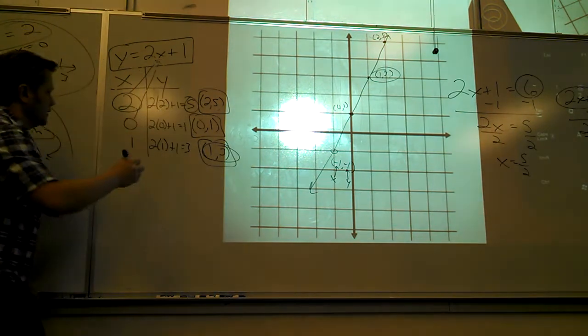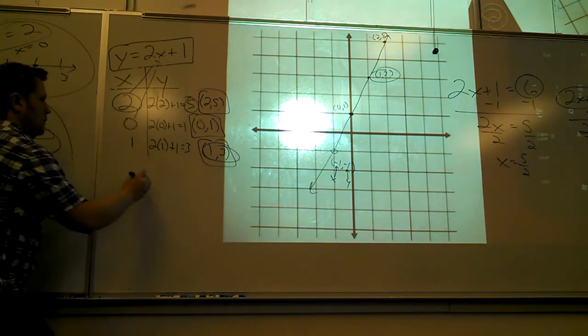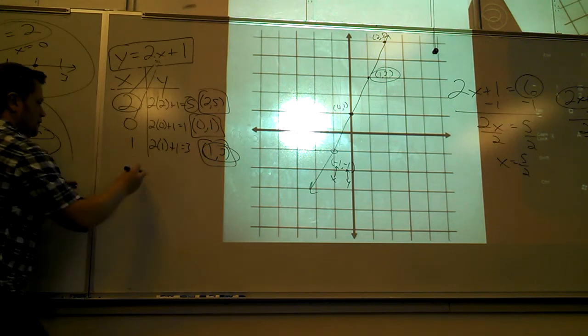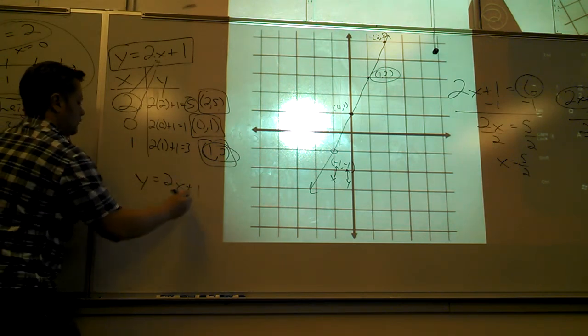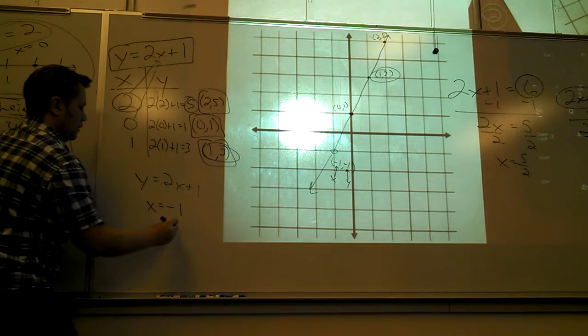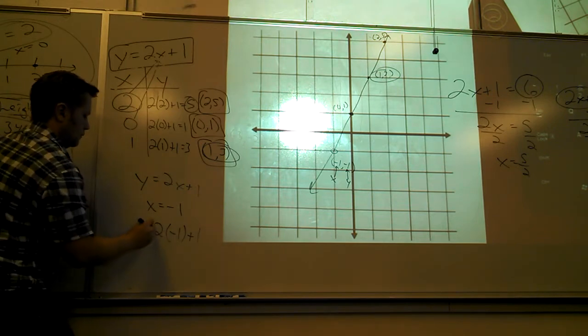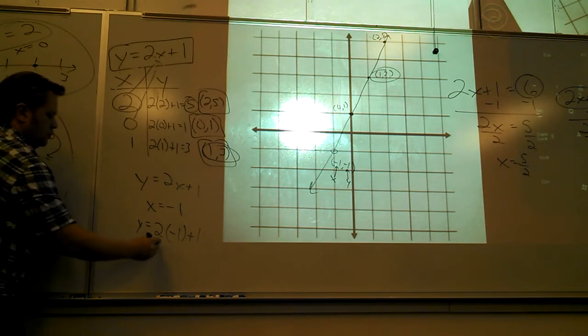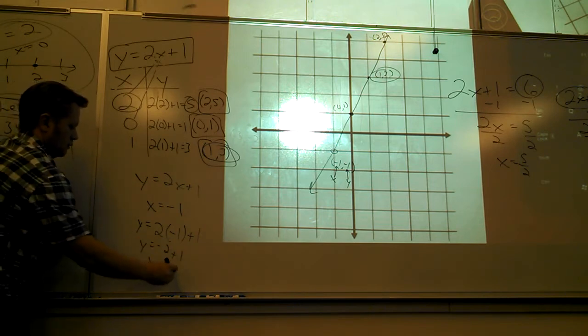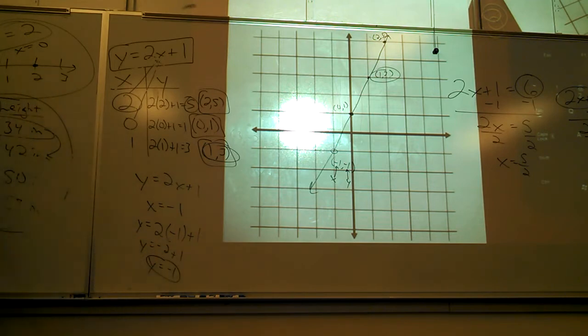So if you plug it in, does it work? Let's see. If it doesn't, I can just wrap up and all go home and never come back. So, y equals 2x plus 1. If I let x equal negative 1, what's twice negative 1 plus 1? Negative 2 plus 1, negative 1. We just did.